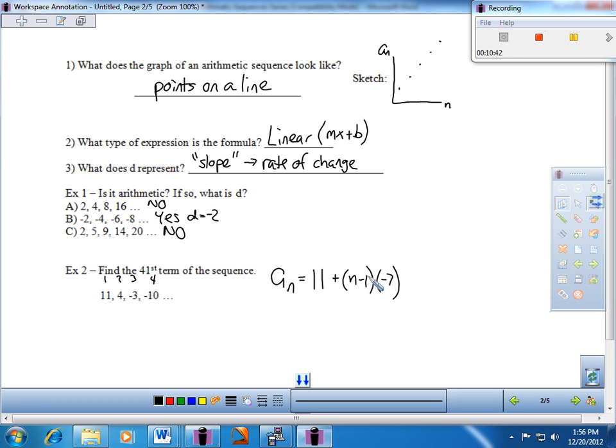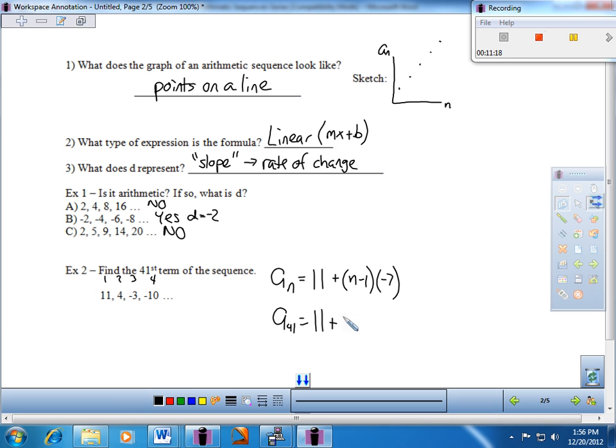But for right now, that's not what I'm after. So I just want the 41st term. And again, this was unnecessary, by the way, for this problem. I just wanted to illustrate that that's how easy it's going to be to write an algebraic representation for these arithmetic sequences.